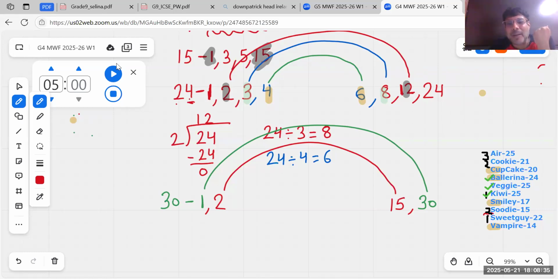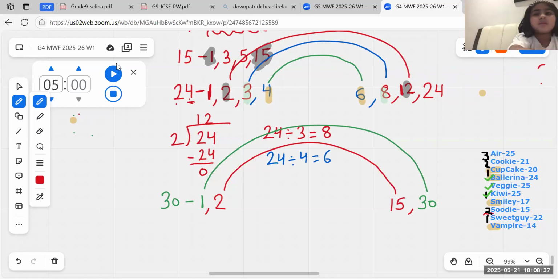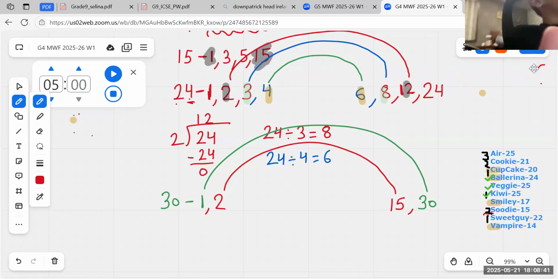And Smiley, where is my answer? Sir, can this be a kid joke? Smiley, can you speak the answer? Sir, 1, 2, 3, 5, 6, 10, 15 and 30. Okay, 1, 2. So I will get 3.